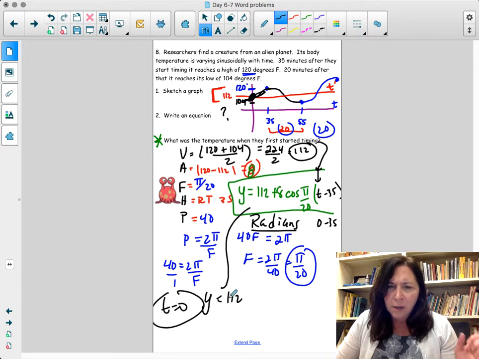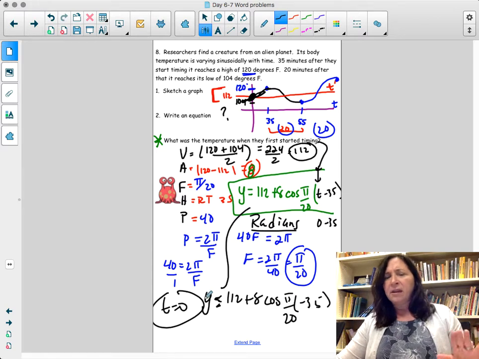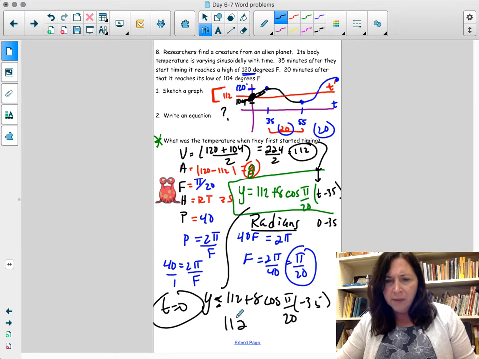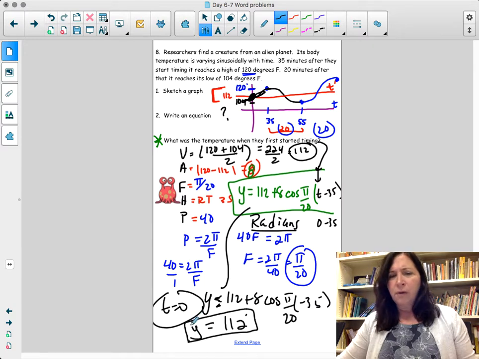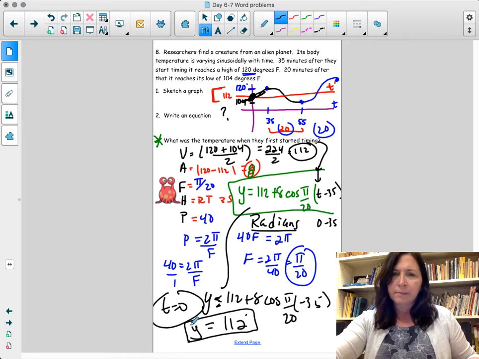When did it start? I believe that number is 112. And so that means that equals y. At 112 degrees, that's when it actually started.